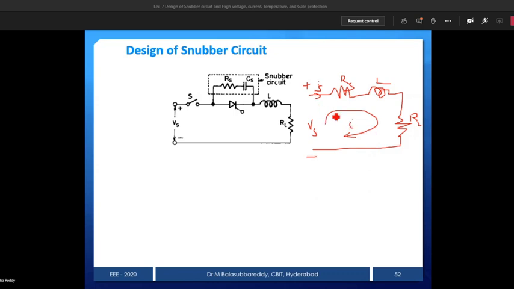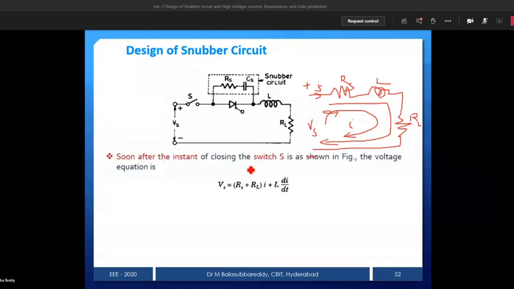Rs goes to L, then goes to RL and comes back to Vs minus. Start with Vs plus. Then I can write the voltage equation like this. Is it clear? Vs, the supply, equals Rs into I, where the current is I or Is, whatever notation you follow, plus RL into I plus L into di by dt. Because both resistors are in series, that's why (Rs plus RL) into I plus L into di by dt. This is the voltage equation.